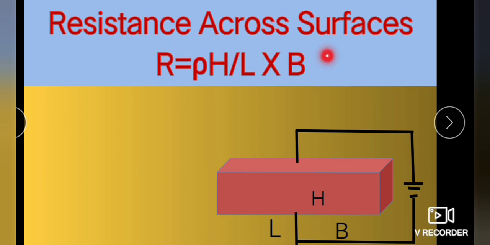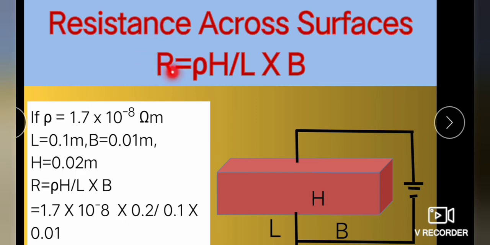Suppose that the battery is connected between the top and bottom surface. Here, only two lines should be there for the symbol of the battery. Our formula is R is equal to rho length upon the area.